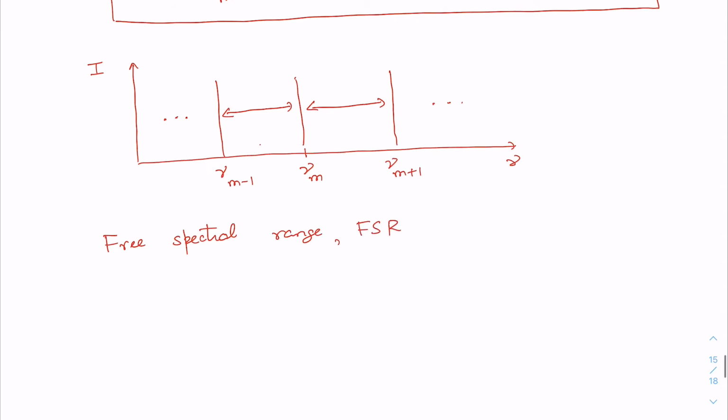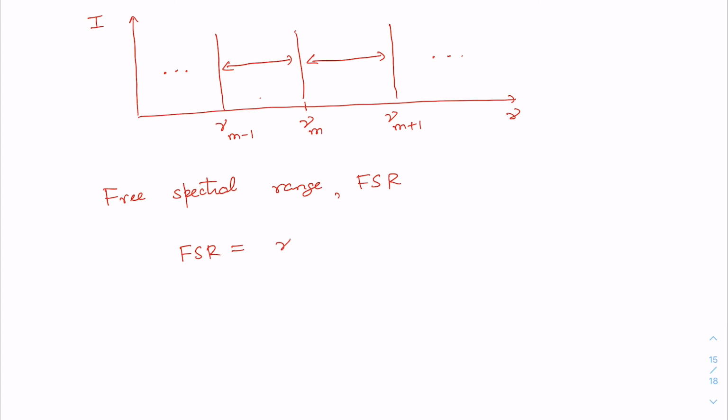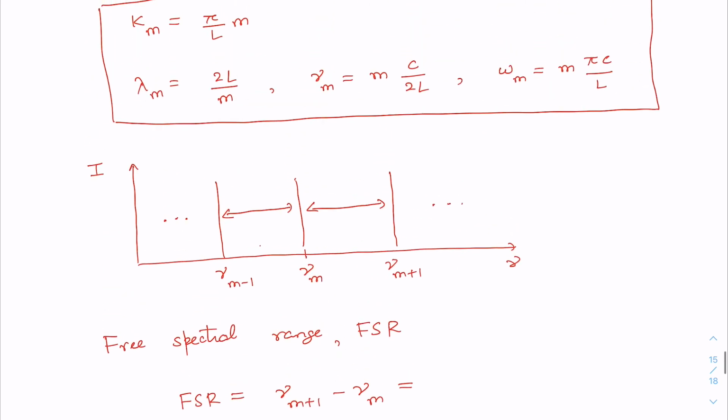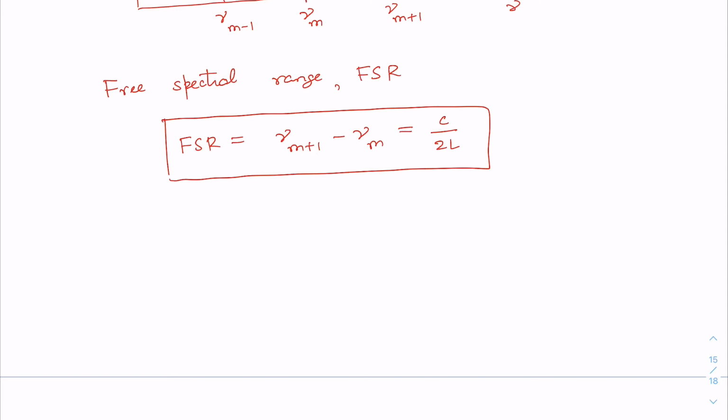This quantity is of immense significance, and it is simply the frequency spacing nu_(m+1) minus nu_m. From this relation, you can easily see that this would be simply c divided by 2L. This is an important quantity, and it is worth remembering: the FSR.